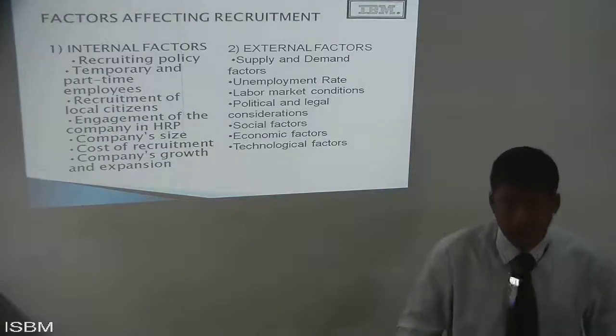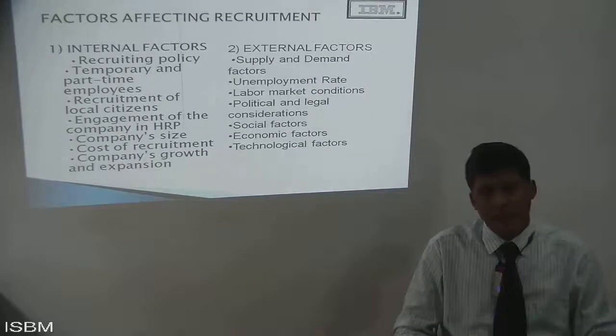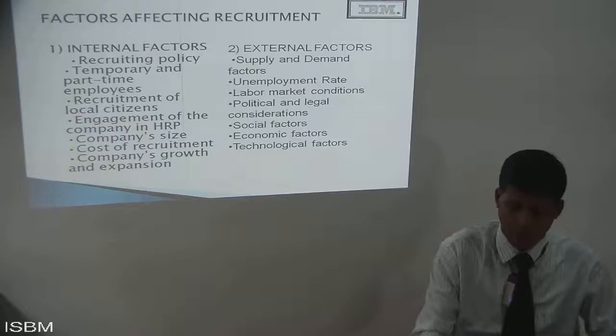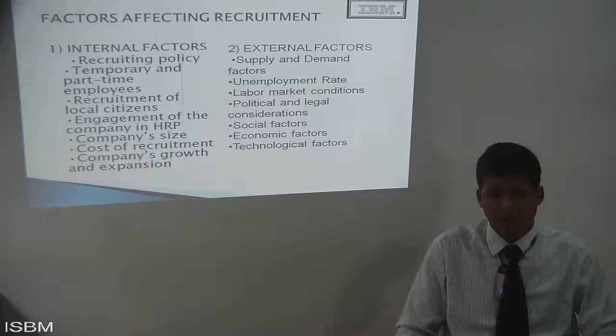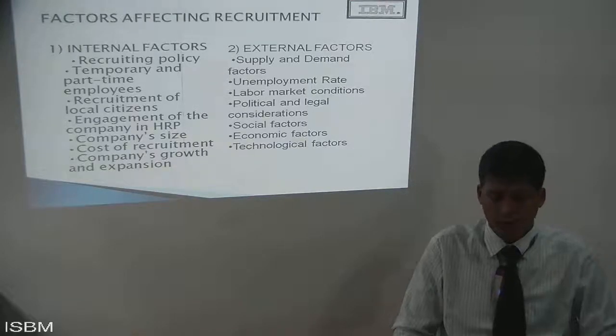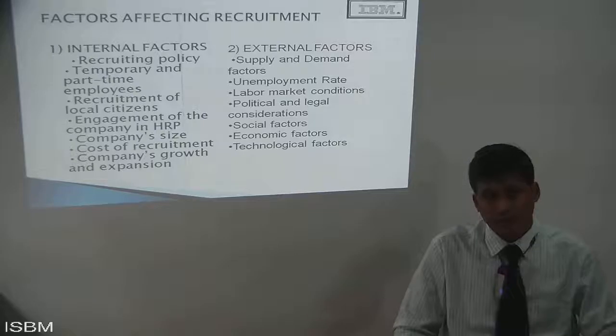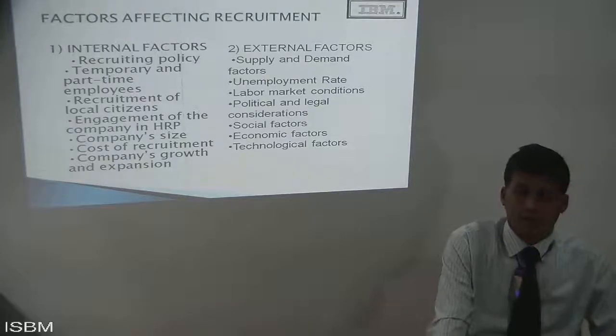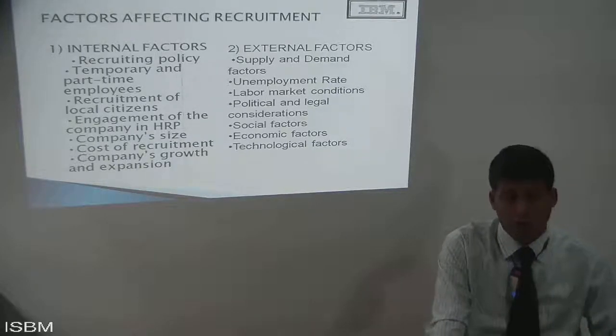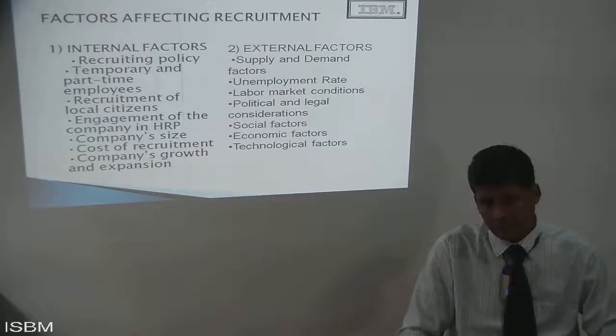Let's see the factors affecting recruitment. There are two kinds of factors, internal and external. The internal factors could be, first, the company policies, the recruitment policy of the organization. It could be based on temporary and part-time employees, or recruitment of local citizens. It could be about the company's engagement in HRP, or human resource planning. It is based on company size, the cost of recruitment, and the company's growth and expansion.